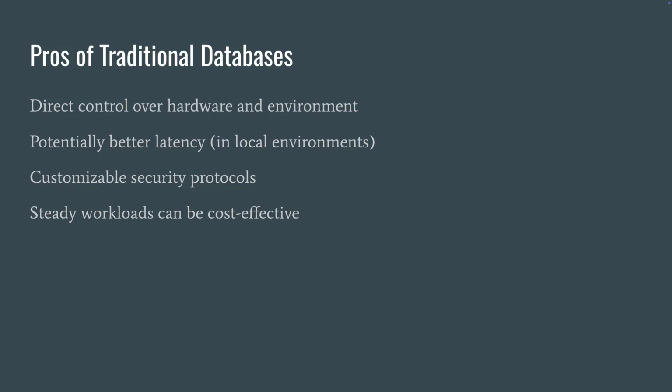And lastly, cost effectiveness of steady workloads. Say your workload is very predictable and large scale. Owning the hardware can be more cost effective over the long term compared to ongoing cloud subscription cost.